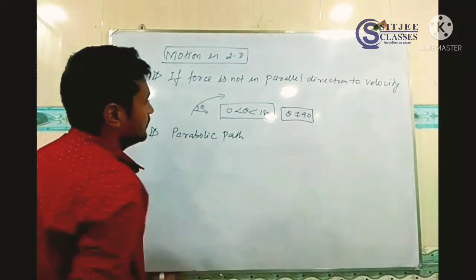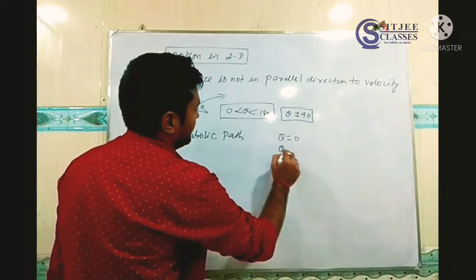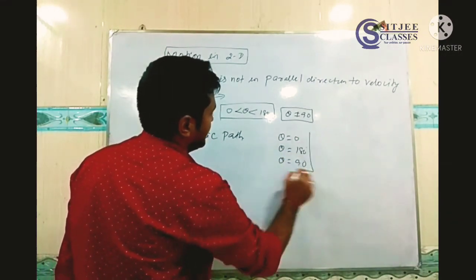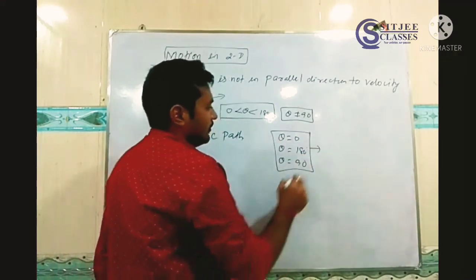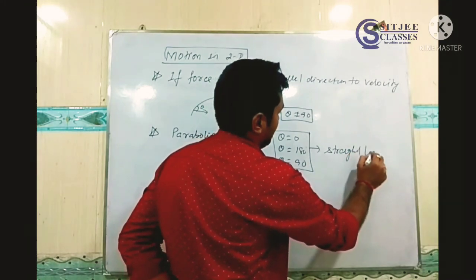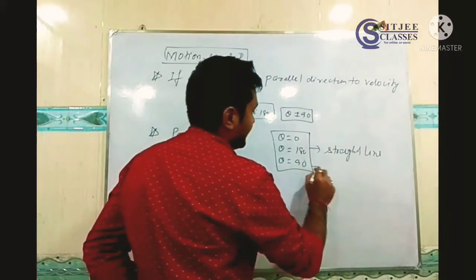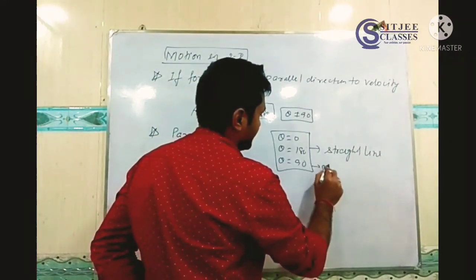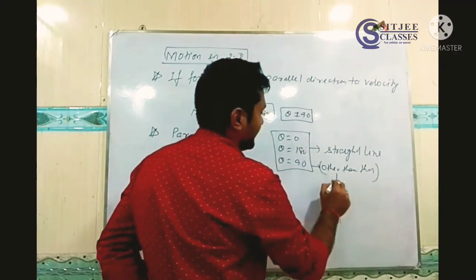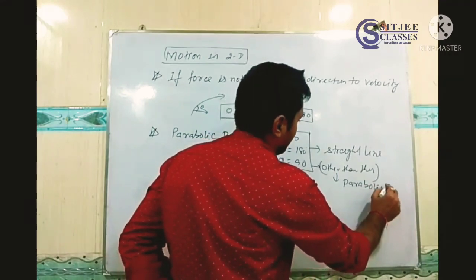If theta is 0 degree, 180 degree, or 90 degree, in these three cases, the particle moves in a straight line. Other than this, for any other angle, the movement of the particle will be on a parabolic path.